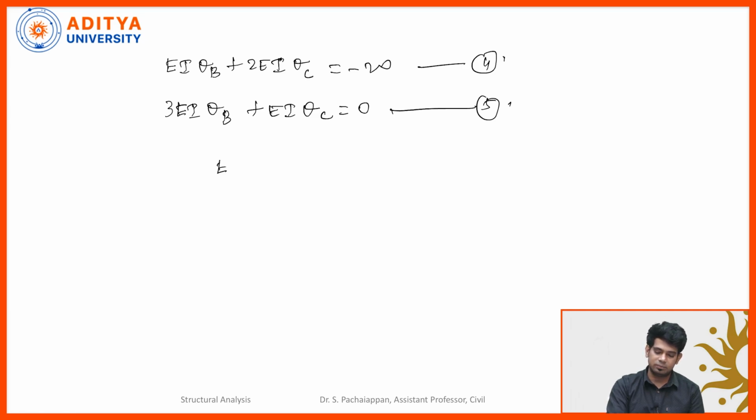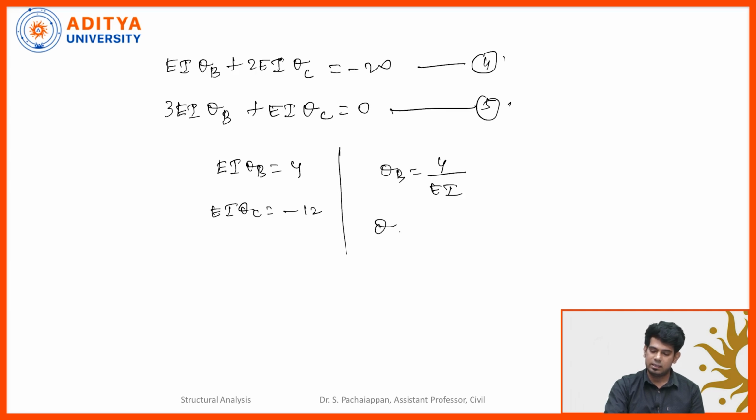So we will be getting EI theta B is equal to 4, EI theta C is equal to minus 12. So in other words, theta B is equal to 4 by EI and theta C is equal to minus 12 by EI. Now substituting back this theta B and theta C in all the equations, we are going to get all the final end moments.